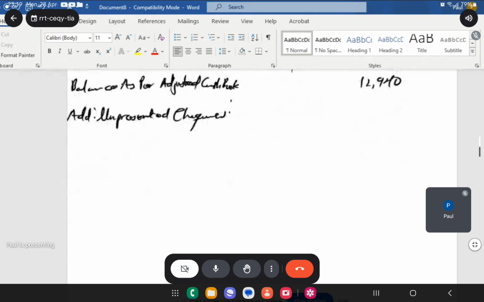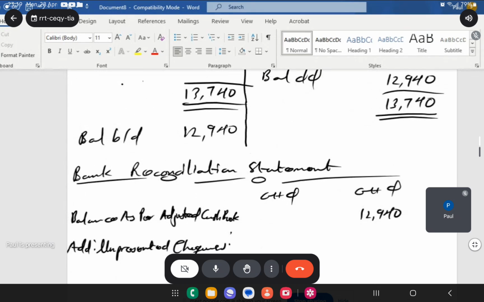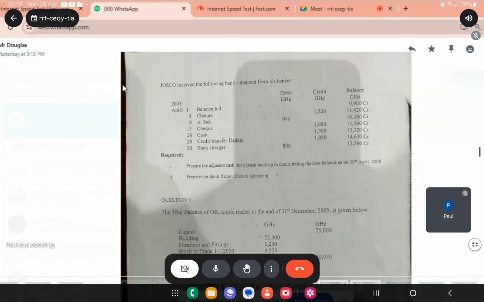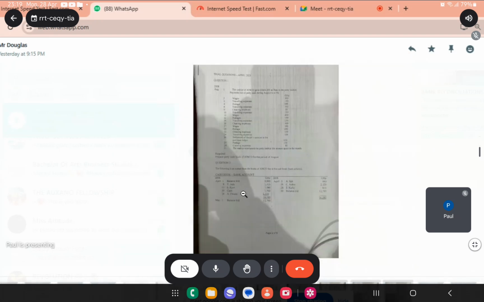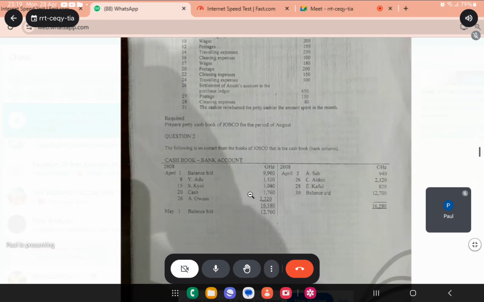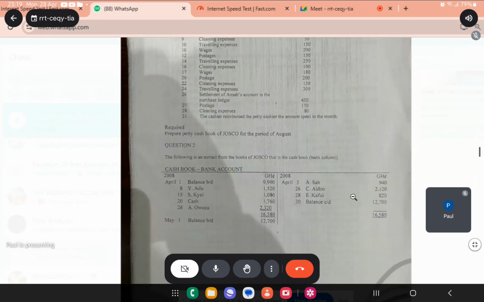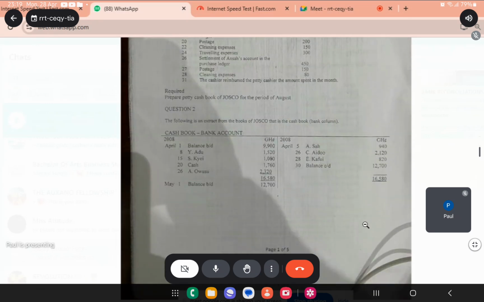So in this question, when we verified the cash book against the bank statement, we checked everything in the bank statement, but we've not checked the things that are in the cash book that are not in the bank statement. Unpresented checks are payments that we've written to suppliers. ASA, CADU, and ECAFU are suppliers.